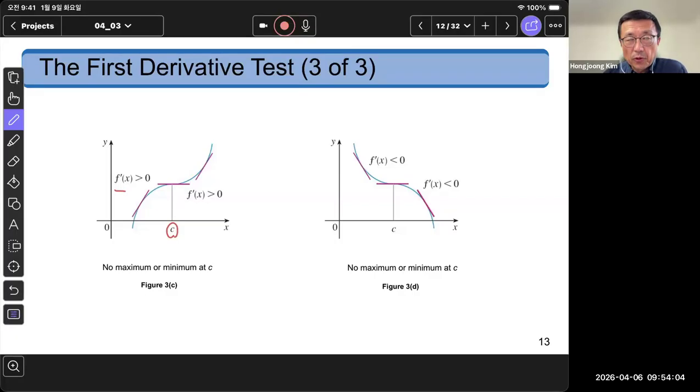In that case, your function is purely increasing near C. And in figure 3D, f prime is negative to the left and to the right at C. In that case, your function is purely decreasing near C. So you don't have any local maximum or local minimum at C.